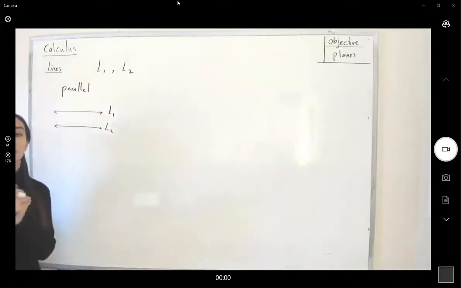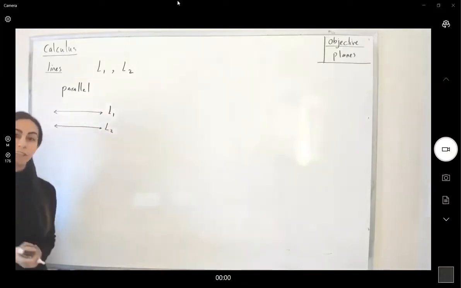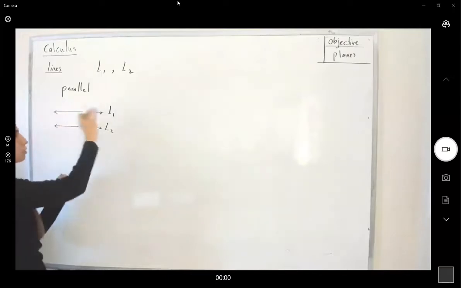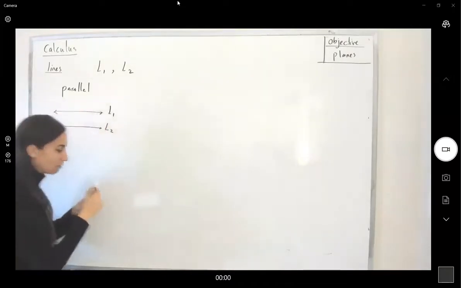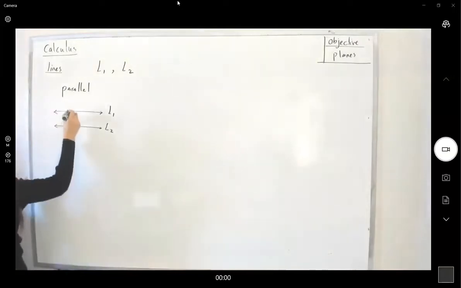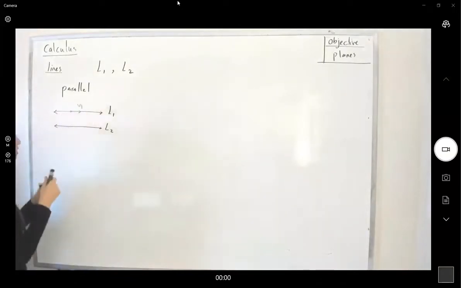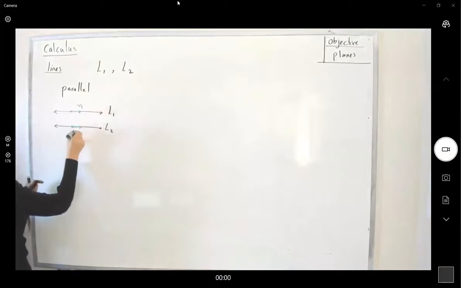It means that their direction vectors are related. Here you have V1 and V2, the direction vectors. V1 and V2 are parallel to each other.